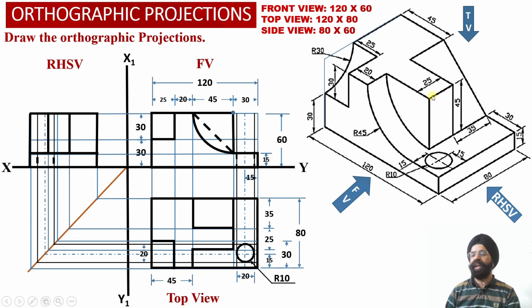Similarly, corresponding to this vertical web, this rectangular surface happens to be parallel to the profile plane. So we are able to obtain the true shape projections corresponding to this element number 3, which happens to be a vertical web over here.